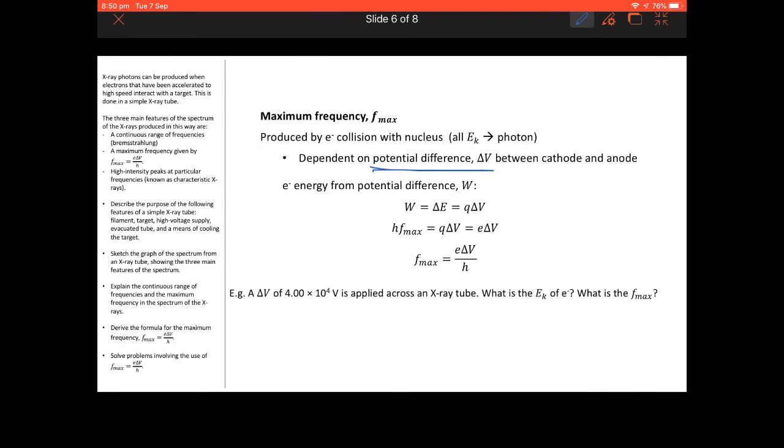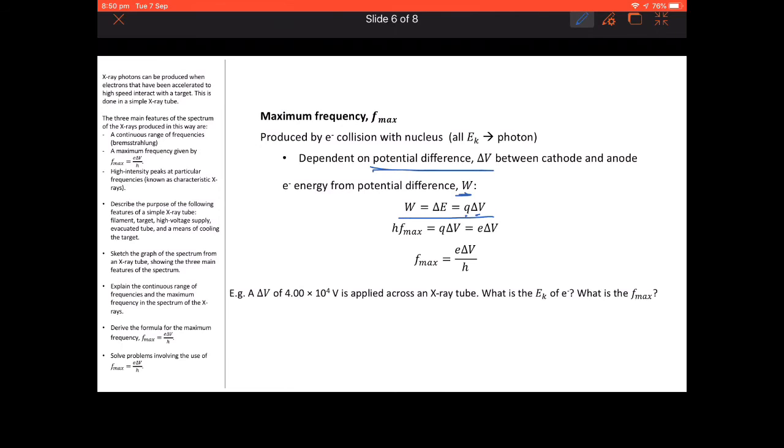The work that the potential difference has done on the electron is equal to its change in energy, which is the charge multiplied by the potential difference.